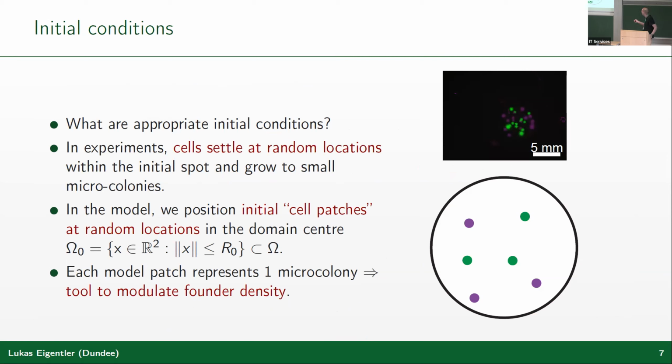So on top here, you can see an image that was taken very early on during biofilm growth. Well, here it's not really a biofilm at this stage. But essentially what you can see here, and I'm not quite sure how well you can see the purple color, but you definitely see the green spots, are those separated microcolonies that are all of one single color, green and purple.